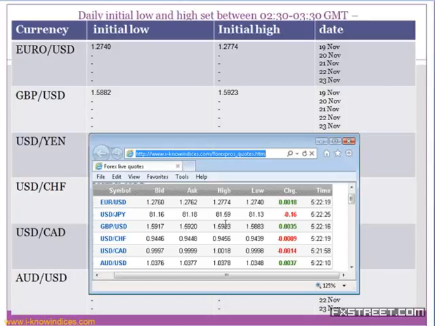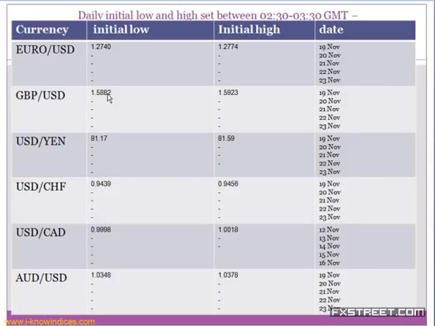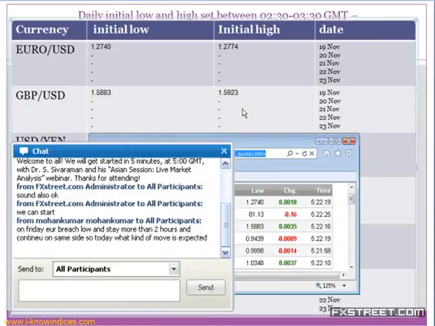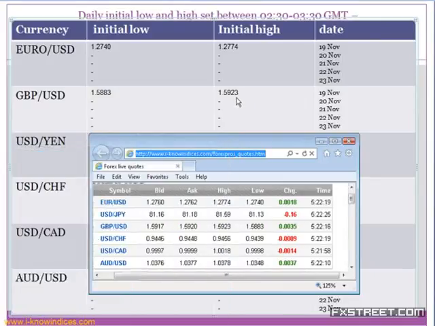And in the case of GBP, 1.5883 was the initial low and the high was 1.5923. So after setting the initial lows and highs, you find they have not breached the high or the low in the case of Euro and GBP.